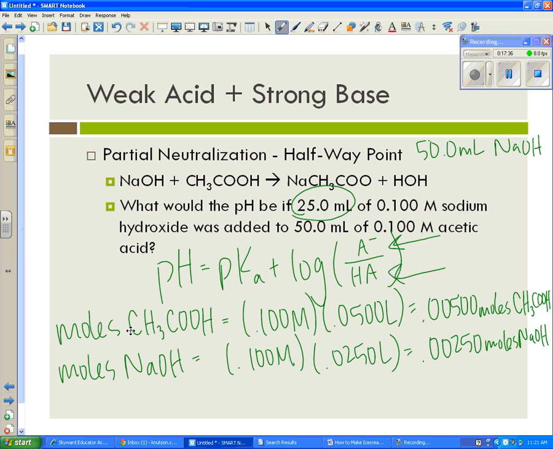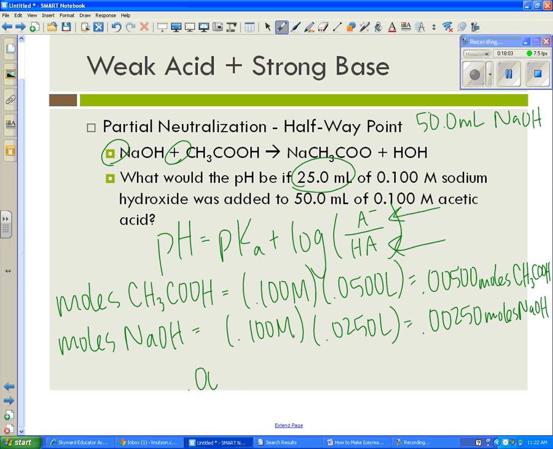If 0.0025 moles of base react, because it's a 1-to-1 ratio, how much acid will react? 0.0025. So if that much acid reacts and we start with 0.005, how much acid will be remaining? Okay, so we'll have 0.0025 moles of CH3COOH that is not neutralized.